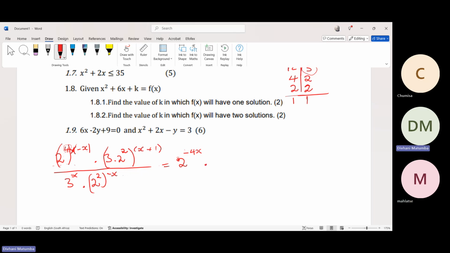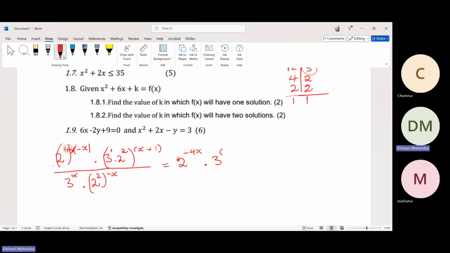Then times, we have 3 to the power of 1 times 2 to the power of 2. According to the law of exponents, we are allowed to multiply the exponents in this case, the same way we did inside the previous brackets.